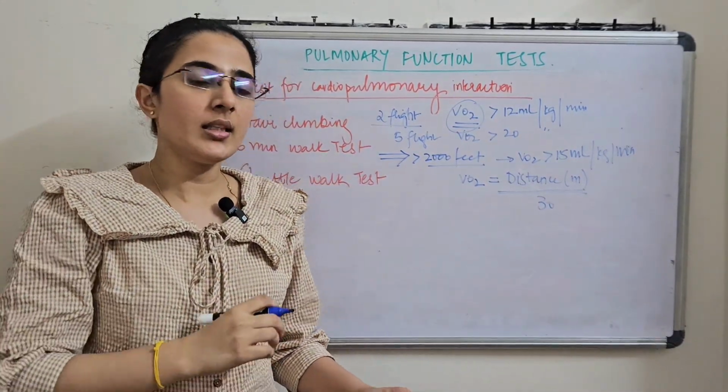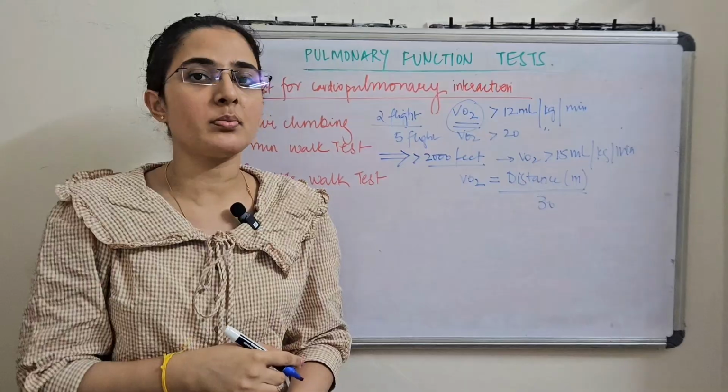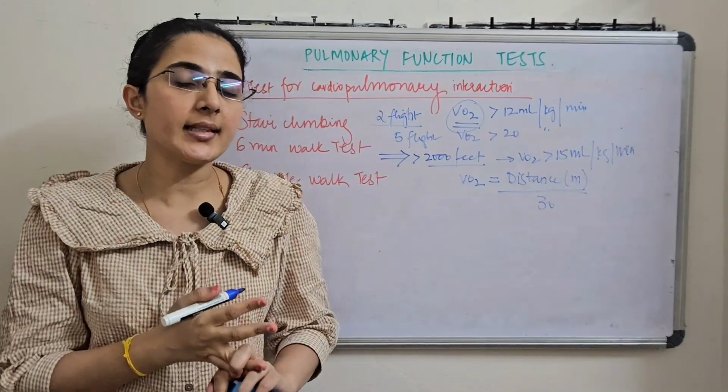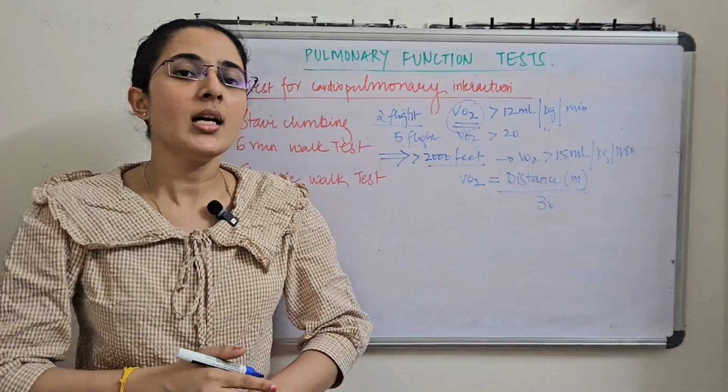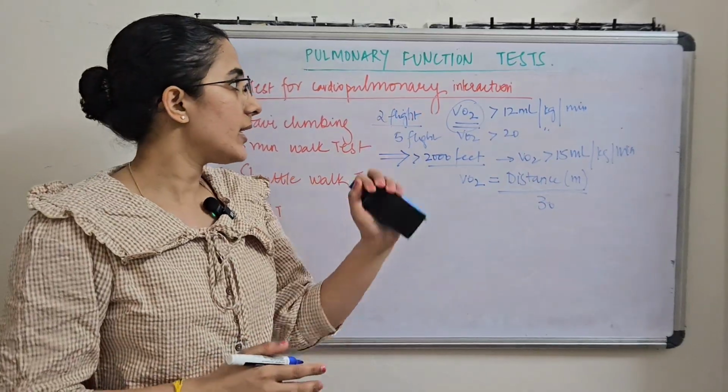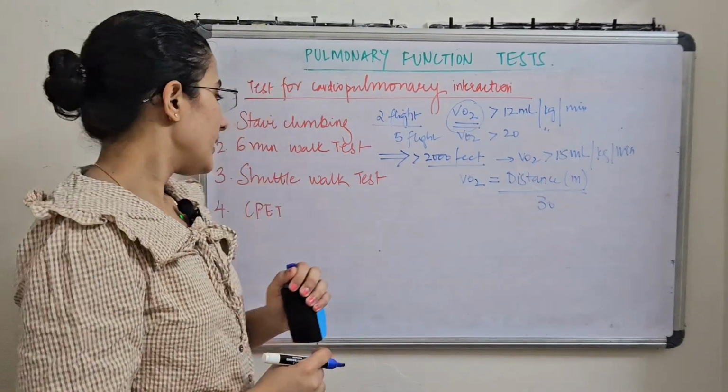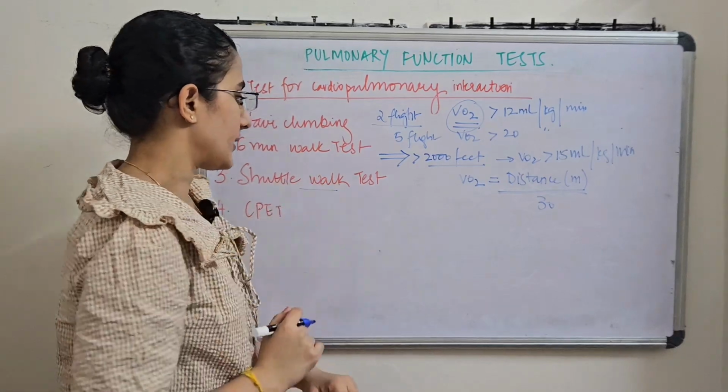Remember that whenever there is extensive dyspnea, or a desaturation with a fall of oxygen by more than 4%, it's a sign to terminate these tests. Next we come to the shuttle walk test.